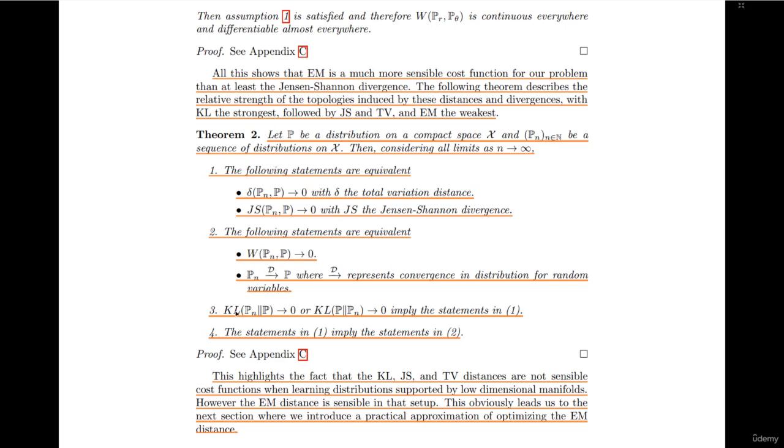Now we also have for the KLs, where the KL divergence of Pn with P converges, or the reverse converges, implies statement 1, which is true, and the statement in 1 implies the statement in 2. So this implies this.